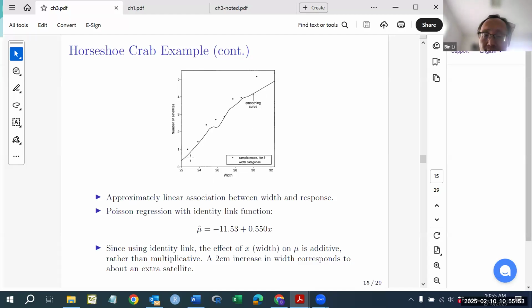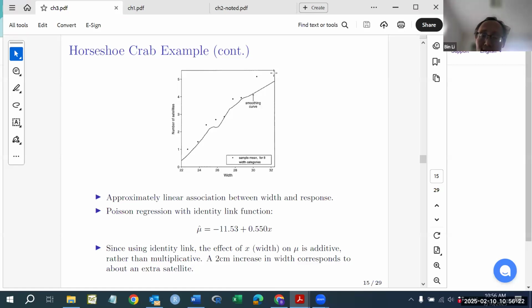Okay, and you can see here, if you see the trend, there seems to be a linear trend between the carapace width and the number of satellites. In other words, if the carapace width is larger, then it tends to attract more male crabs near the female crab's nest.